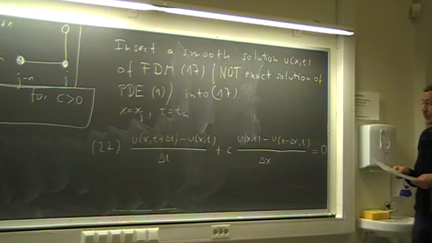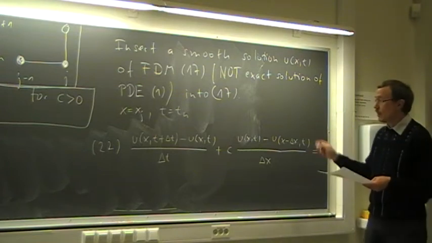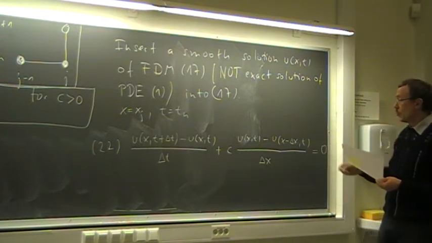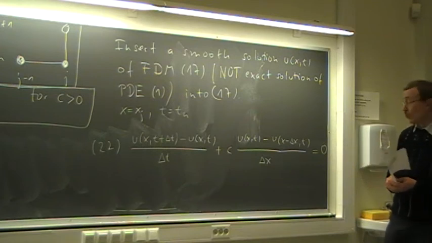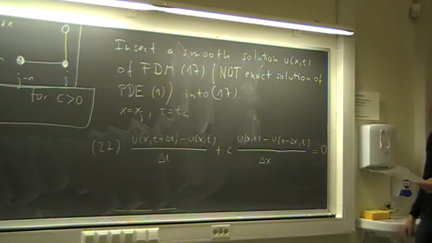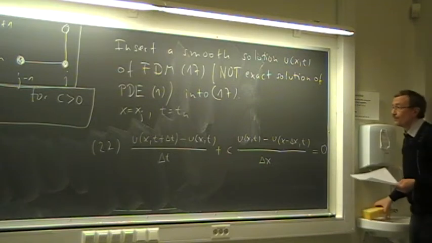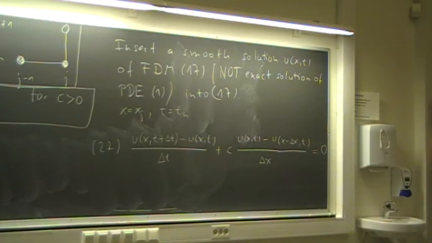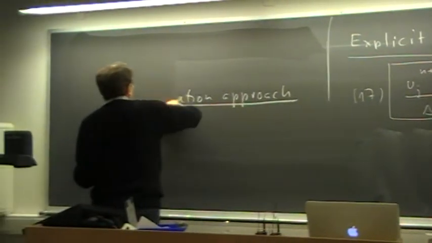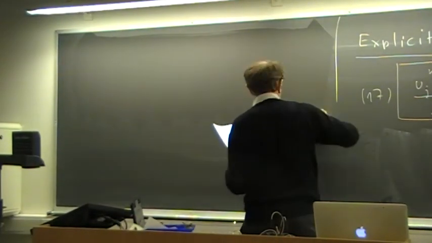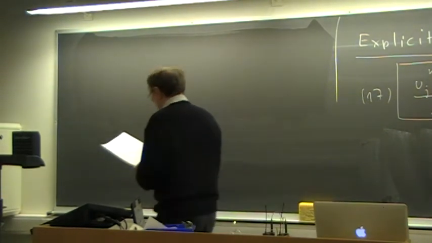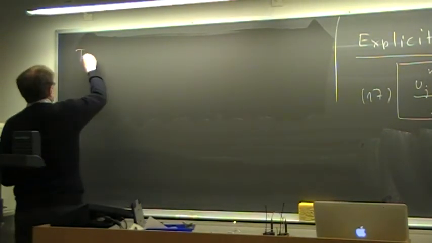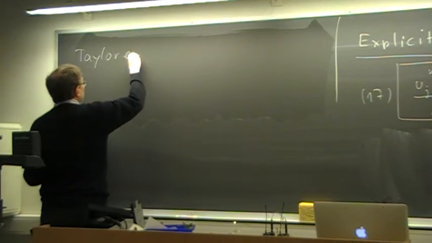And now we do the usual Taylor expansions to see what equation we are actually solving when we use the explicit Upwind method. That is the Taylor expansions.